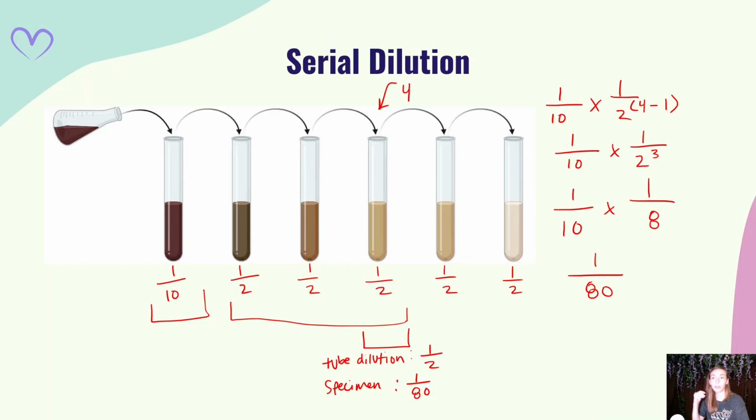But just know that if you can remember that all that you have to do to calculate your tube is just first tube dilution times other dilutions to the tube that you're looking for minus 1, and this will give you your specimen dilution, you are going to be okay.